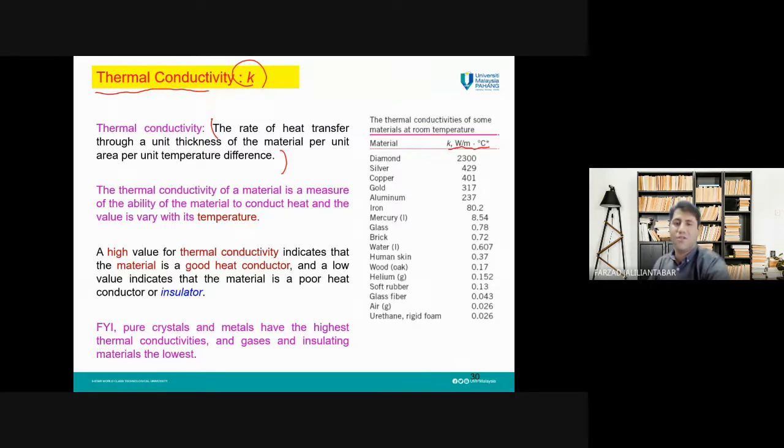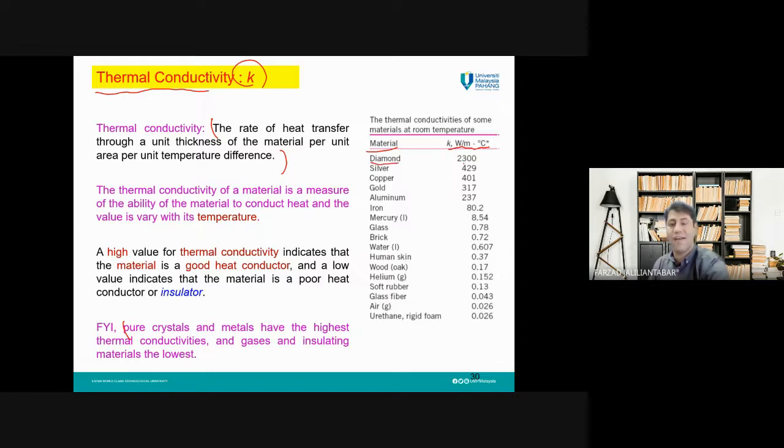And if you notice here, we have different substances: diamond, silver, copper, water, fluids as well, and gases. What is interesting about the value of thermal conductivity is that for pure crystals and metals, it is much higher.